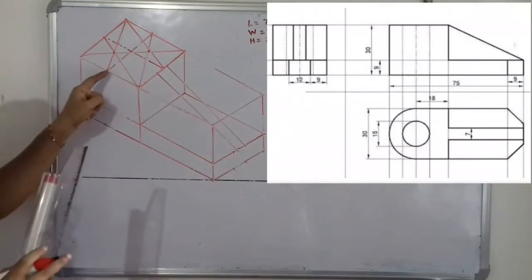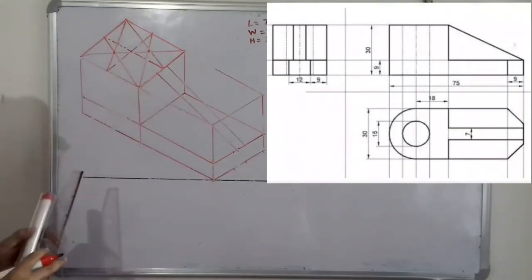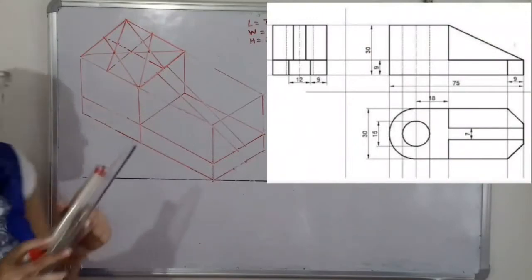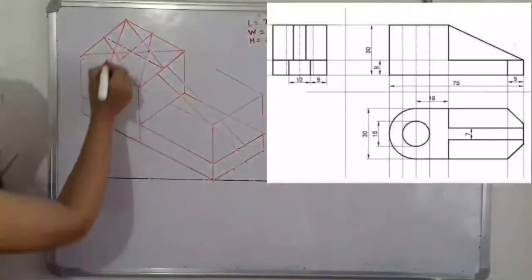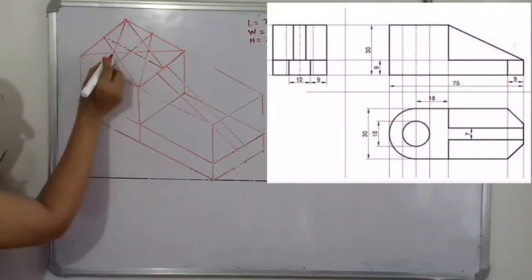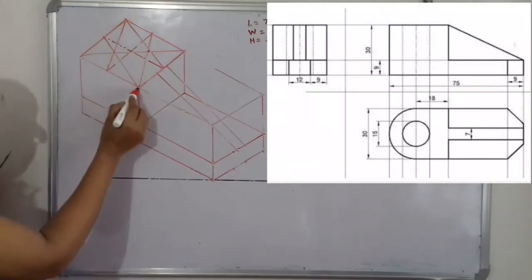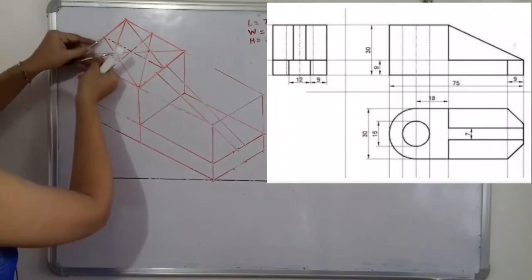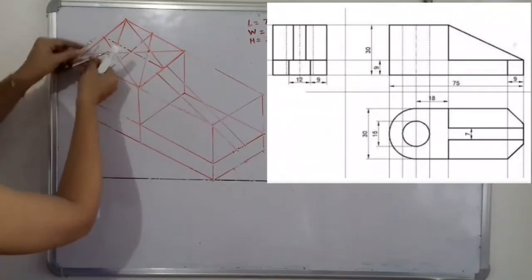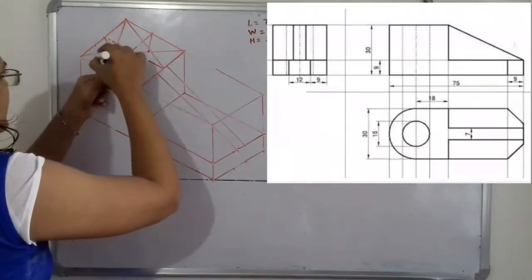Now we have to complete the semicircle on this point only. So for that again we have to choose the center. So what is the center here? Remember that this point is important. This point is the intersection of three lines. If we select this point, we have to take this side, and with the help of compass, we have to join the lines.